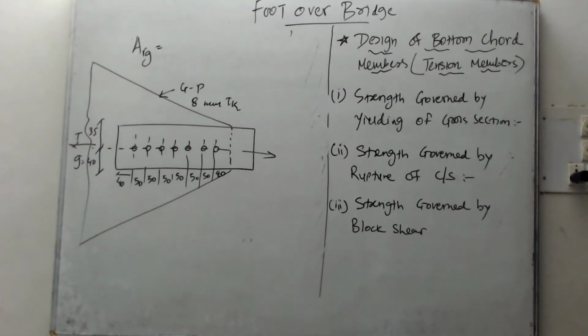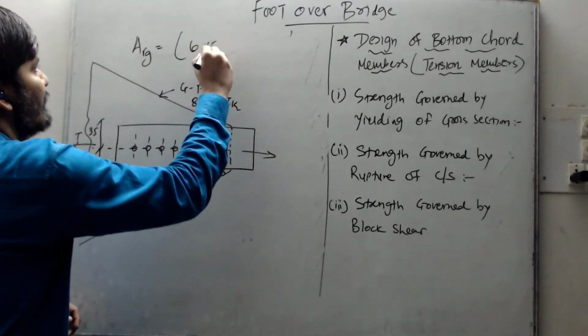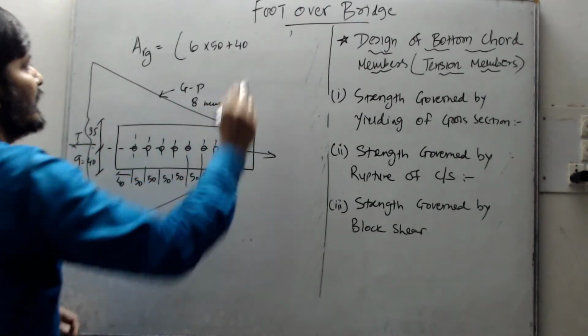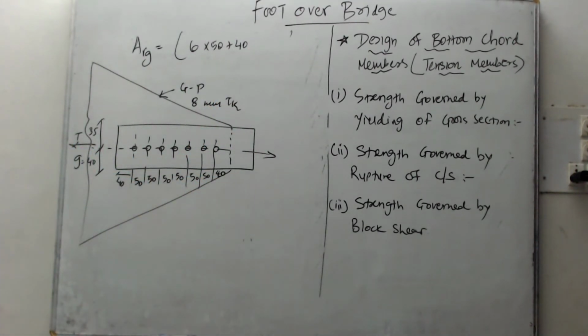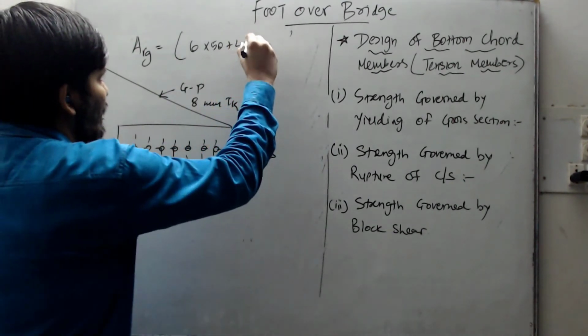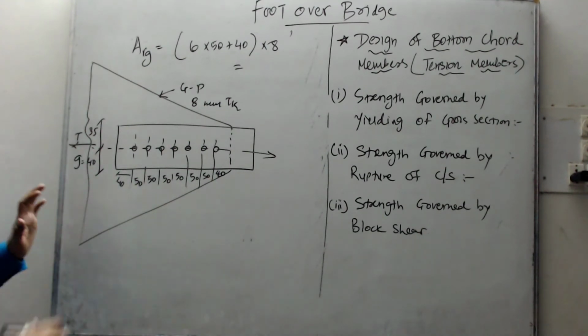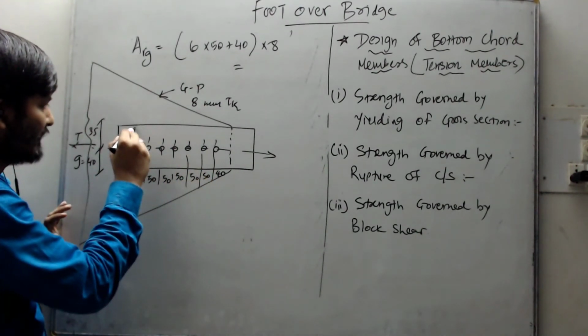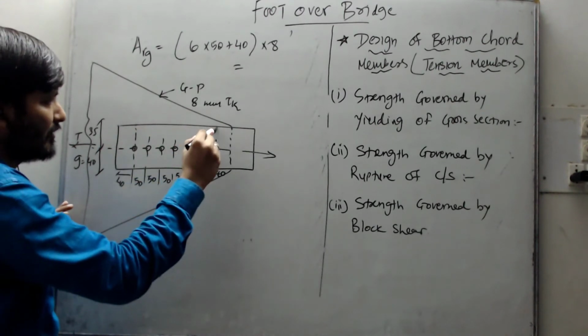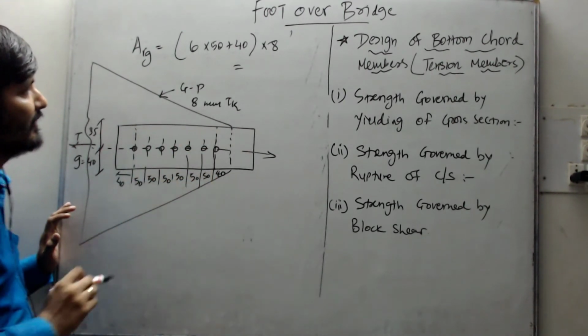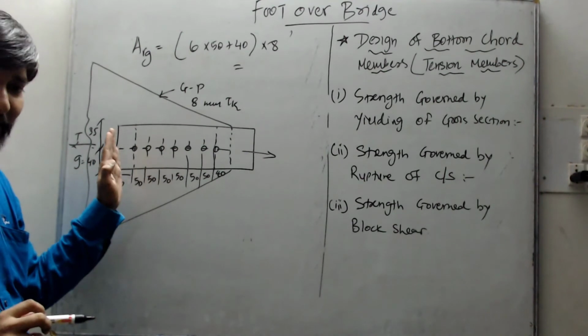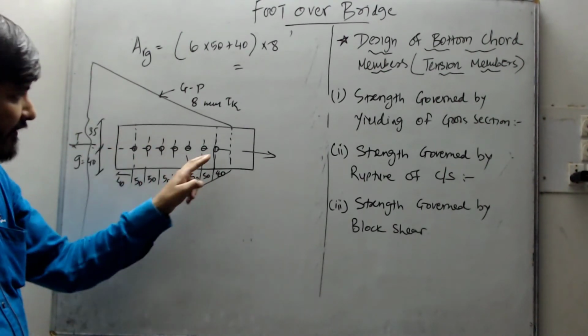So Avg is given by (6 multiplied by 50 plus 40) multiplied by 8. So what is the meaning of this? 6 multiplied by 50. Total 7 bolts are there. If I consider from the center of this bolt up to the center of the last bolt, half a bolt will be deducted from the left hand side, half a bolt from the right hand side.